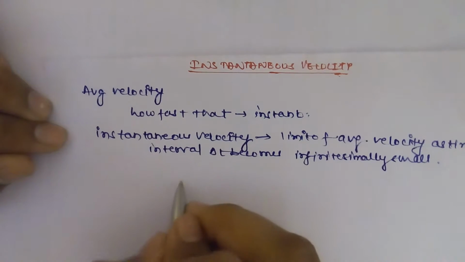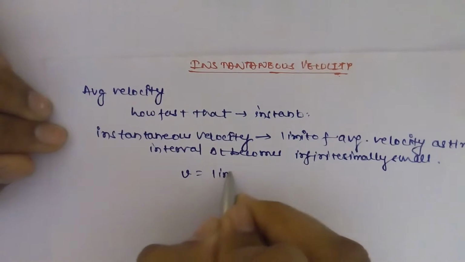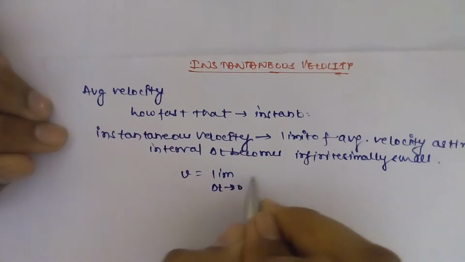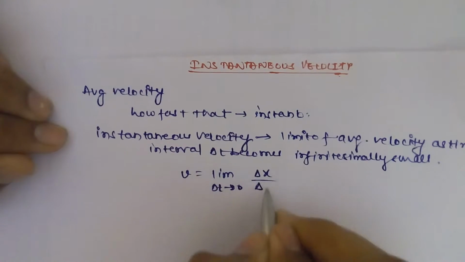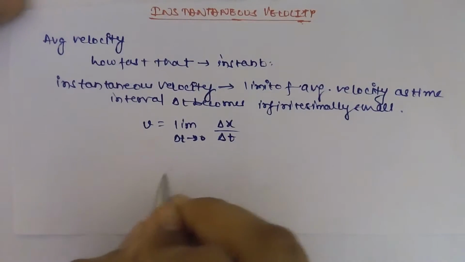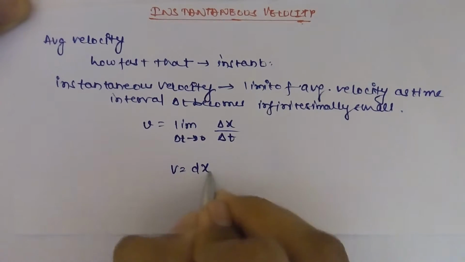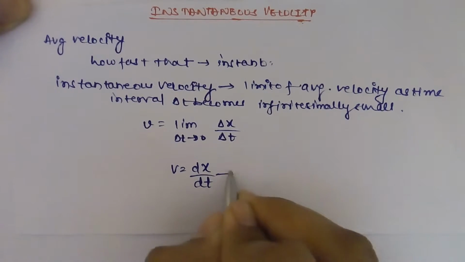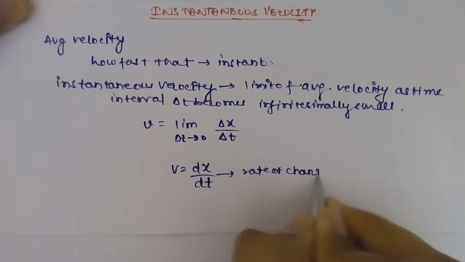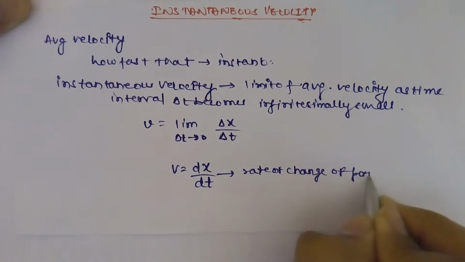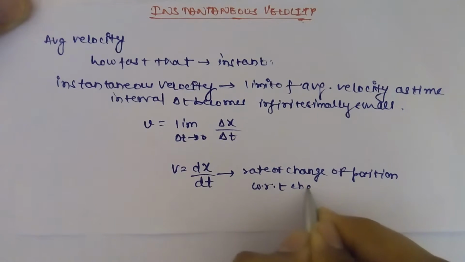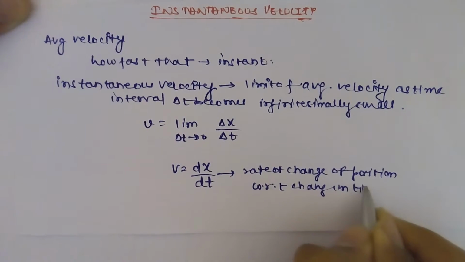Mathematically we can write it as velocity equal to limit as del t tends to 0 of del x divided by del t, and in calculus we write it as v equal to dx by dt, and this is the rate of change of position with respect to change in time.